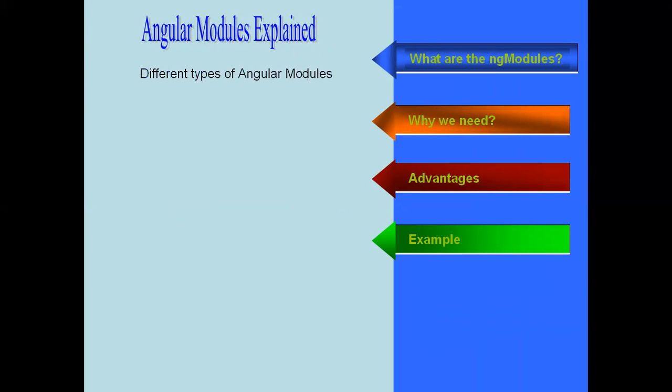So next, we are going to discuss that in our Angular application we have different types of modules. So what are the different types of modules? Can anybody give me one type of module that we learned in the last few slides?